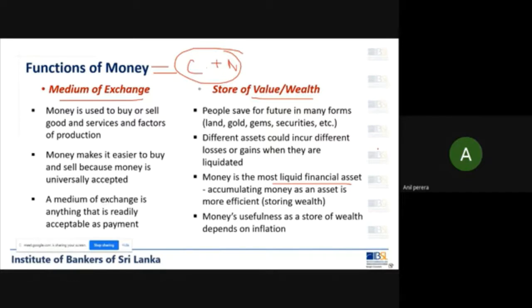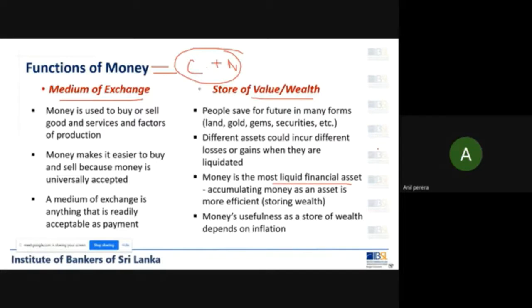Why is that? Inflation. Inflation, which means price changes, isn't it? Over time, prices are changing. Over time, prices are increasing. So with the increase in prices, the value of money could be eroded.